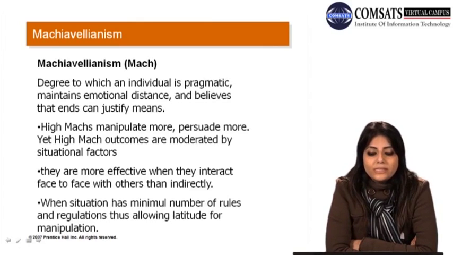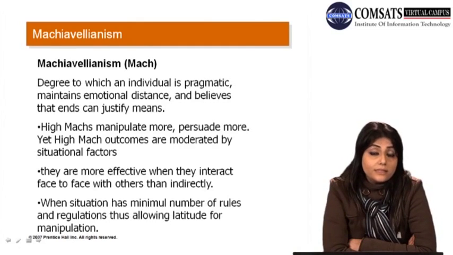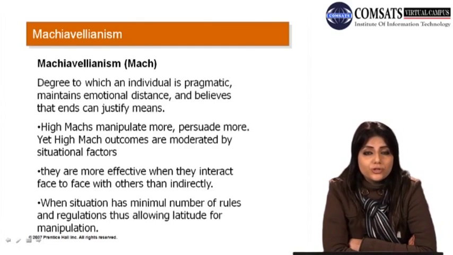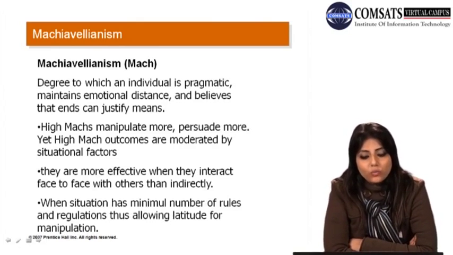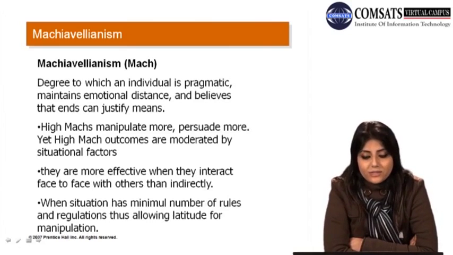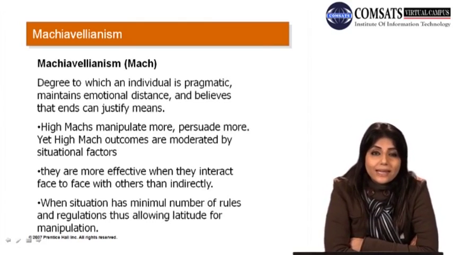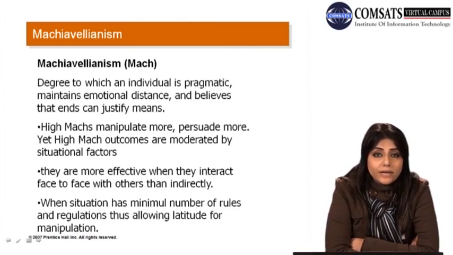So these individuals try to manipulate situations, they try to persuade others under different situations according to what they want, right? And they are generally not persuaded by others. But these characteristics of high Machs indicate that under certain situations these individuals can perform better than low Machs, right?